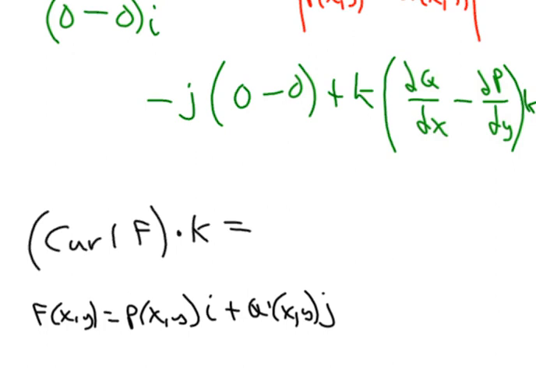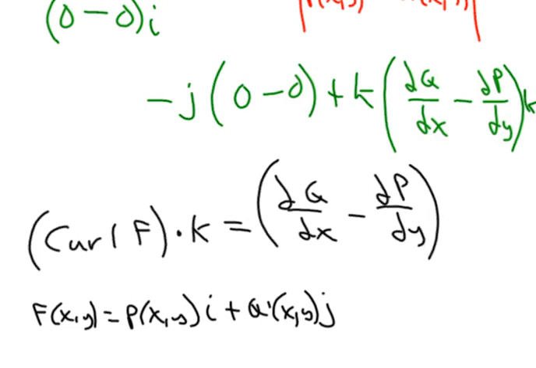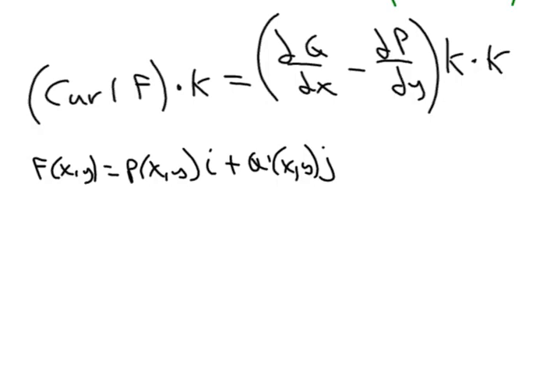So let's consider this expression. Well, we would know that this is equal to partial q partial x minus partial p partial y k dot k. So what do we know about finding dot products of vectors? Well, think about what these two vectors look like.